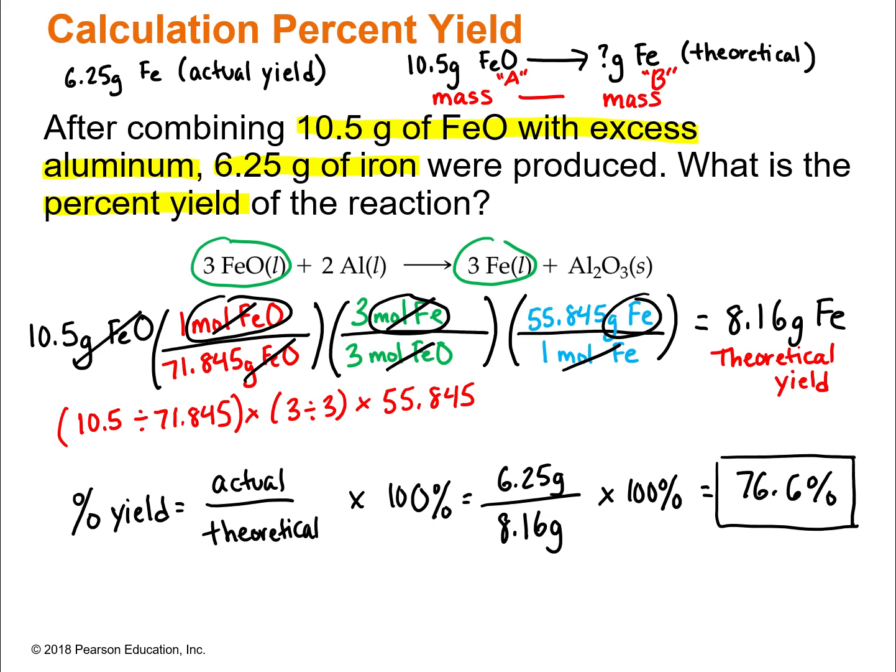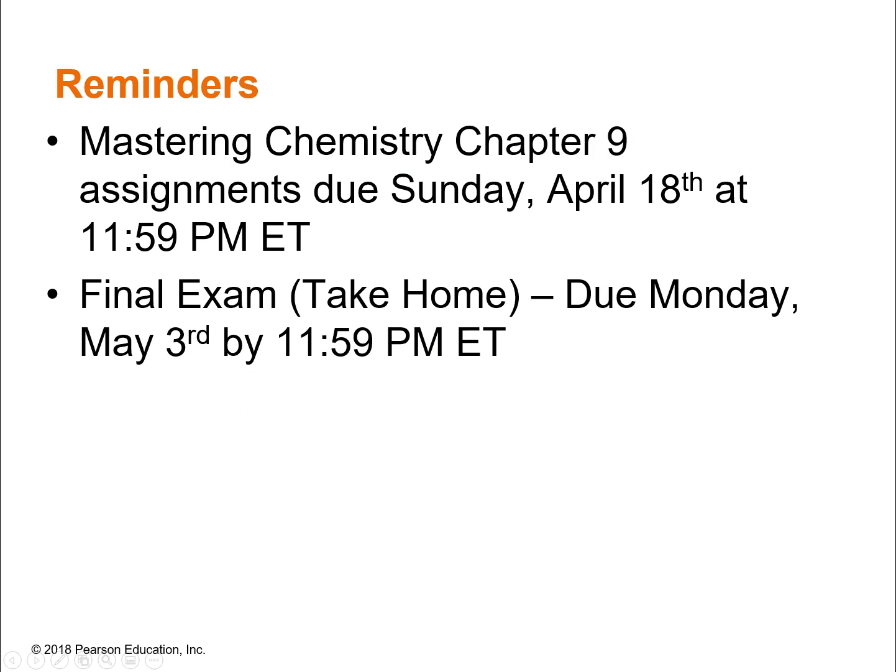The only other thing that could be thrown at you is if there was a limiting reagent question, so you had to figure out your theoretical yield and then do the percent yield. So if there's no questions, we're going to move on to the reminders.